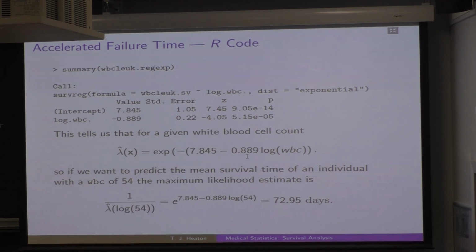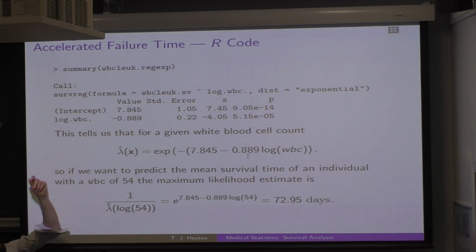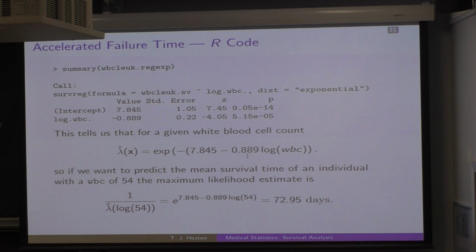Okay, great. So you don't have to just choose an exponential distribution for an accelerated failure time model. You can choose pretty much anything within reason. R will give you slightly different outputs depending on which distribution you choose.